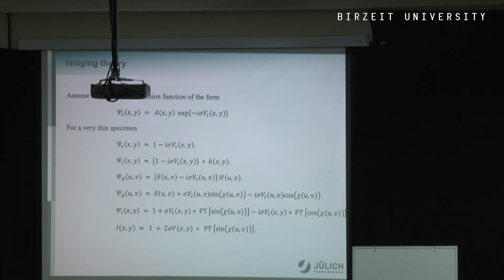And this is why sine times the aberration function is, in practice, the quantity which describes the blurring in experimental high-resolution images.